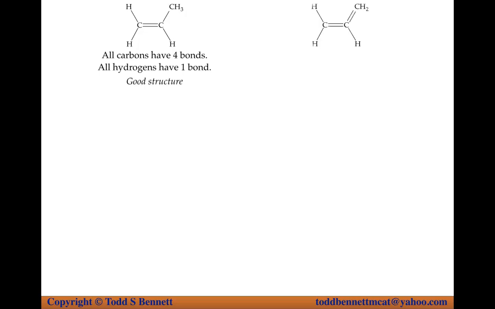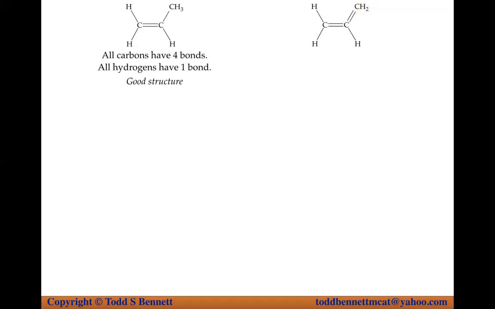Sounds good. This one, let's do the same double check. H 1 bond, H 1 bond, H 1 bond. CH2, I'm going to assume each H has 1 bond to carbon. This carbon at the end, bond to H, and 2 bonds of carbon. So 1, 2, 3, 4 bonds, good. The CH2, 2 H's, double bond to carbon. So 1, 2 bonds and double bond, 3, 4 with the H's.